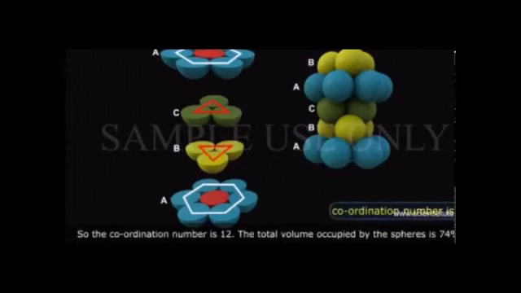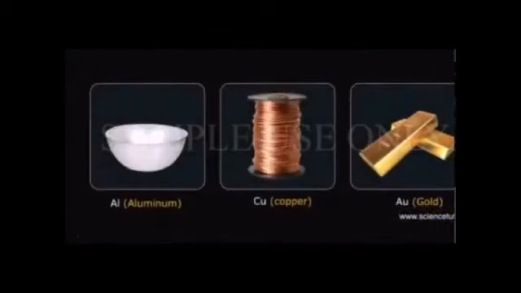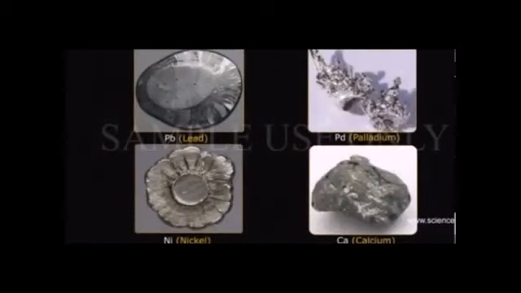So the coordination number is 12. The total volume occupied by the spheres is 74%. Example, Al, aluminium, Cu, copper, Au, gold, Pb, lead, Pd, palladium, Ni, nickel, and Ca, calcium.